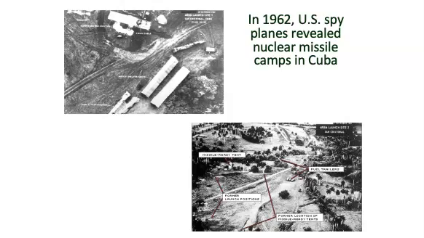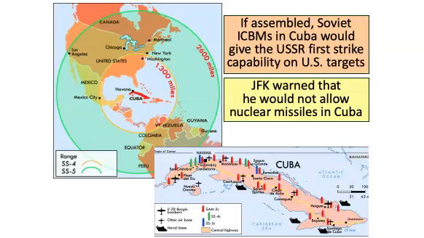In 1962, just a few short months later, U.S. spy planes called the U-2, which fly at extreme altitudes, revealed the beginnings of nuclear missile camps in Cuba. You can see some of those pictures on the slide here. The camps were unfinished, but if assembled, Soviet ICBMs in Cuba would give the USSR a first strike capability on U.S. targets.